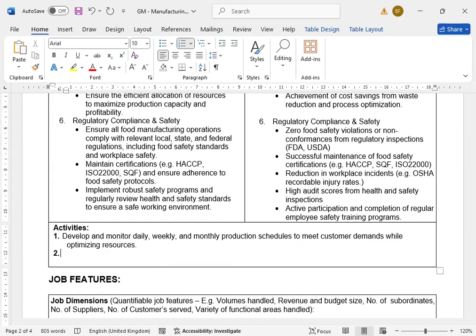Then next, ensure smooth coordination between production lines, maintenance, and supply chain teams. These are the things that he's doing on his own.